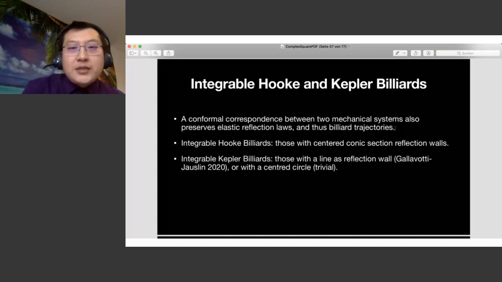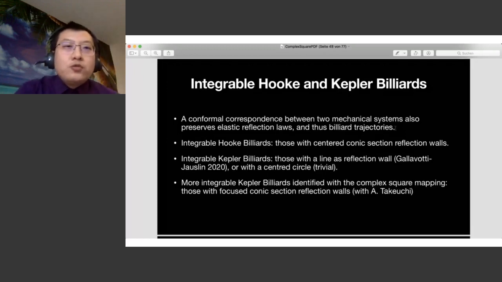Another trivial case which one might add is, of course, a circle centered at the attractive center, and then the system will be integrable. In this last case, we take, for example, angular momentum squared as the additional conserved quantity. But the Gallavotti-Jauslin first integral in the first case is actually rather complicated and highly non-trivial.